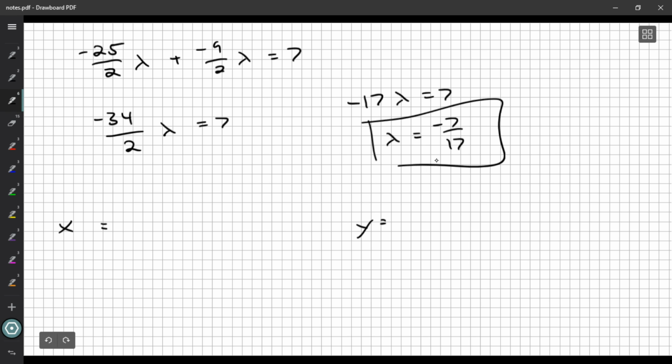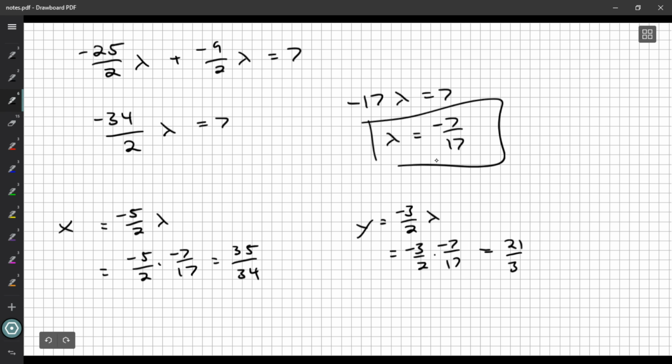Y was negative 3 halves lambda, and x was negative 5 halves lambda. So negative 5 halves times negative 7 over 17 is 35 over 34 for the x coordinate, and 21 over 34 for the y coordinate.